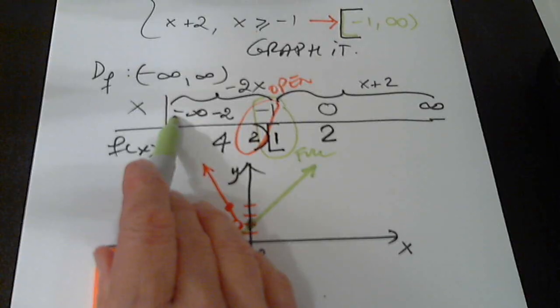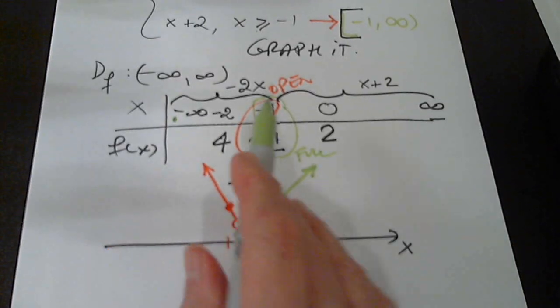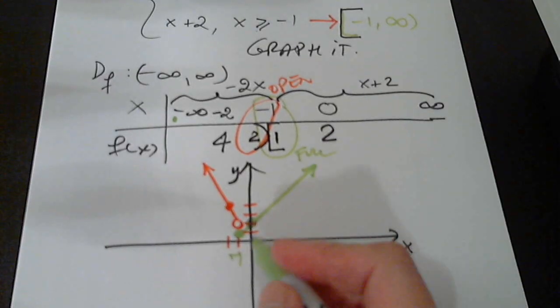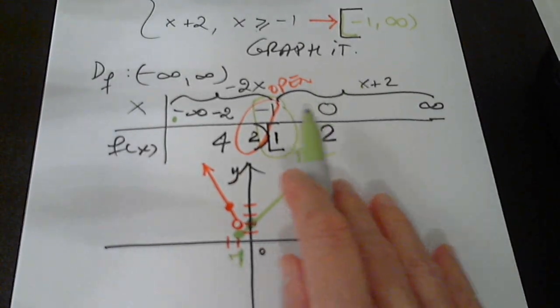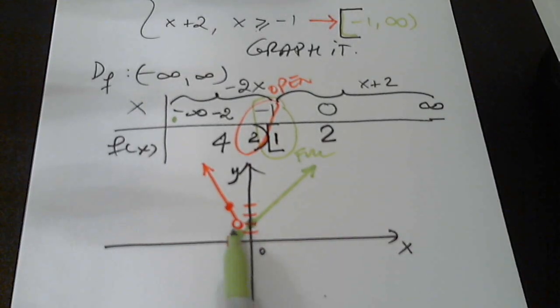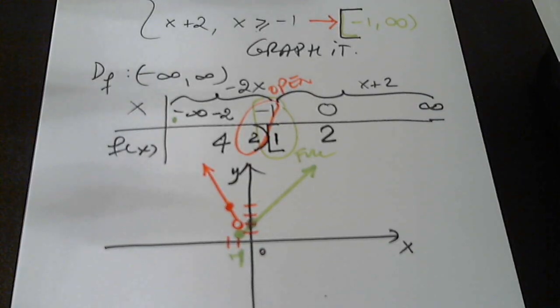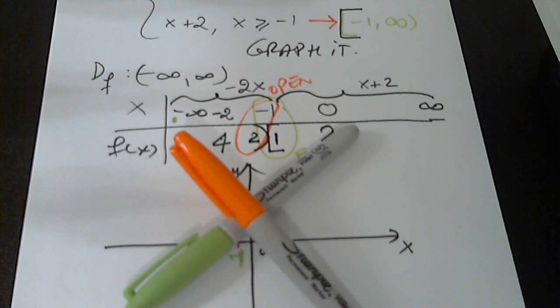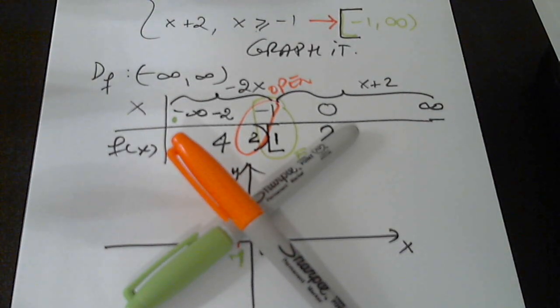-2x exists only between -infinity and -1. The green exists only between -1 and infinity. They cannot overlap. This is incorrect. By the vertical line test, this is not a function.